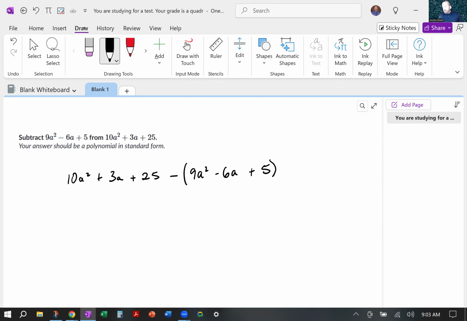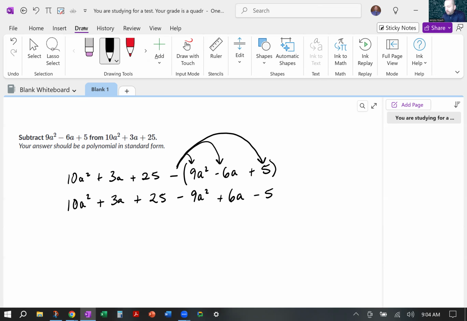Now, when we subtract all of this, that minus sign is going to distribute to all three terms here. So now this becomes 10a squared plus 3a plus 25 minus 9a squared plus 6a minus 5.